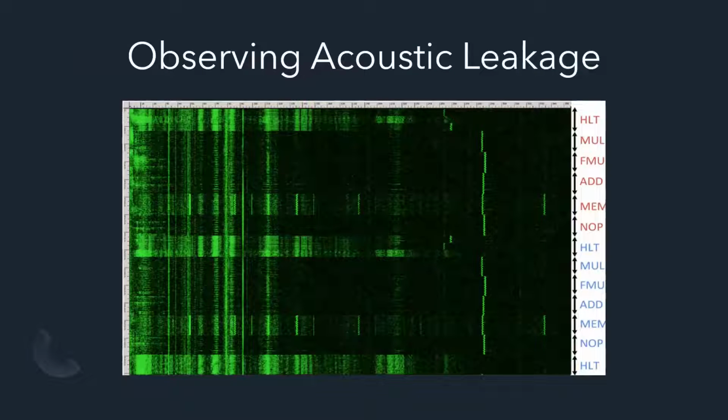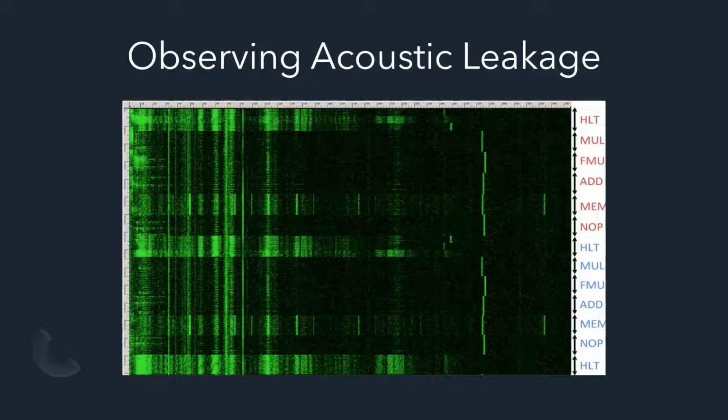In slide 6, after collecting all these, observing the acoustic leakage, we can see in the first one we have HLT. On the right-hand side, we have HLT, MUL, FMU, ADD. We are trying to look at which type of computers emit more noise and the frequency of that noise. If you look at the first HLT in red, you can see that it is really bright.